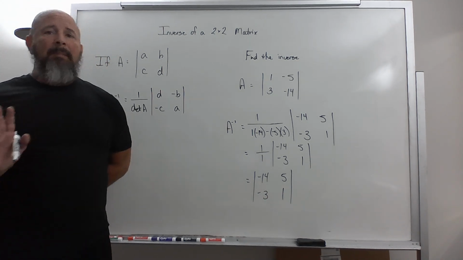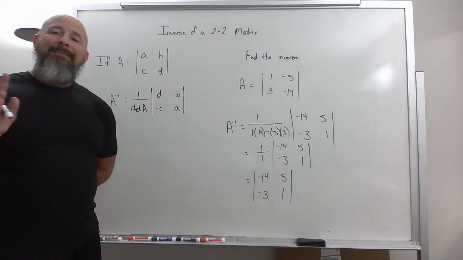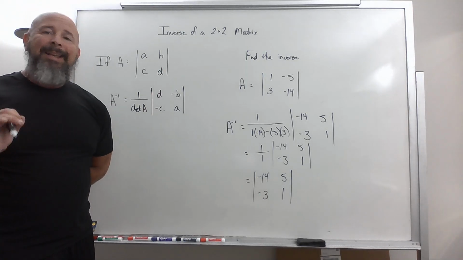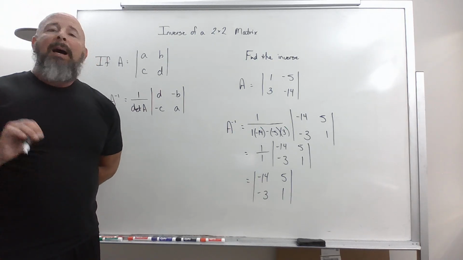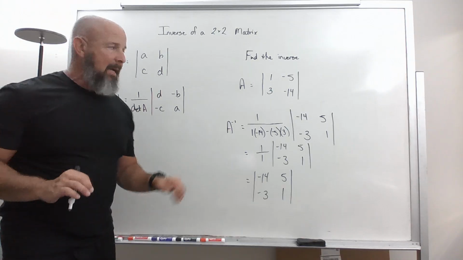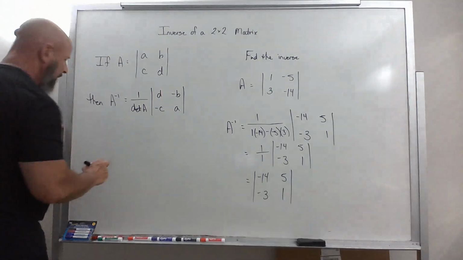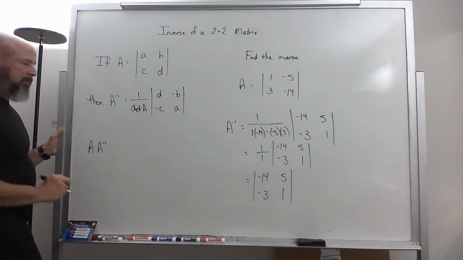All right, now we're going to put this inverse to use on a system of equations in just a minute. But the main thing I want to focus on, that we're going to use in the system, is that if I multiply an inverse by its original, I get the identity matrix. So let's investigate that with this guy. Let's say I wanted to do A times A inverse.